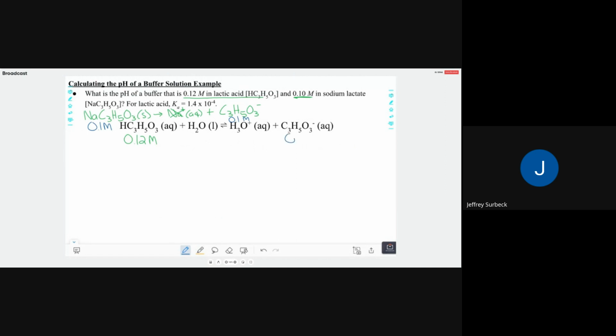So initially, we already know, hey, we have some weak acid and its conjugate base. If you have a weak acid and conjugate base, you can immediately turn to that Henderson-Hasselbalch equation. So we would have pH equals pKa plus the log of what goes on top?